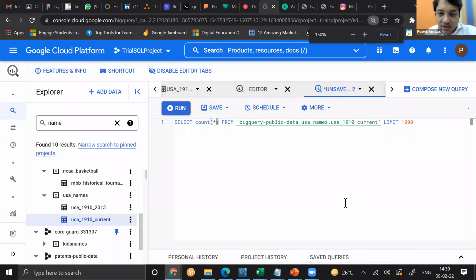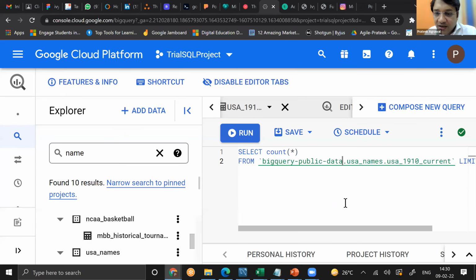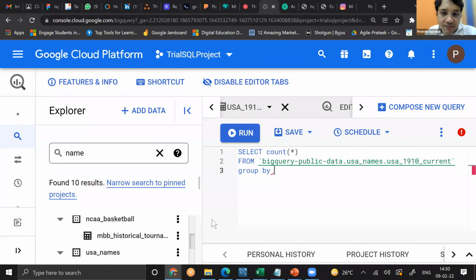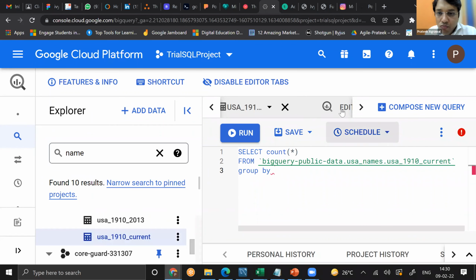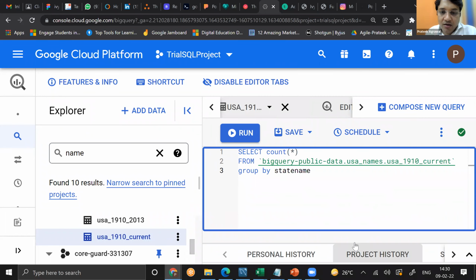So if you notice, this is the database project name, this is the database name, and this is the table name. And imagine if I say group by, which is a construct that we will learn very shortly. Group by state, comma name.